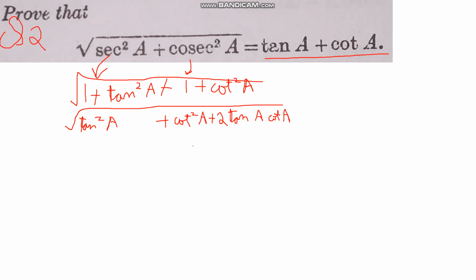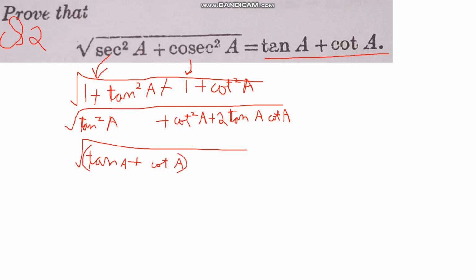This is the trick we have applied here to tan A cot A. Now what is this? Tan A plus cot A whole square. Under root of tan A plus cot A, and the whole square is there.